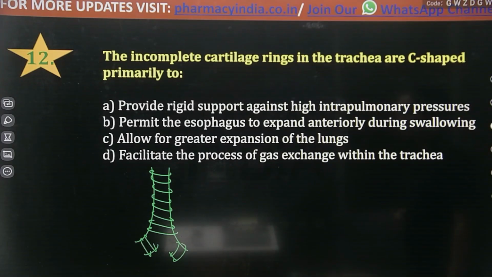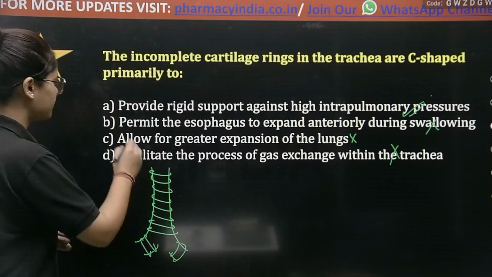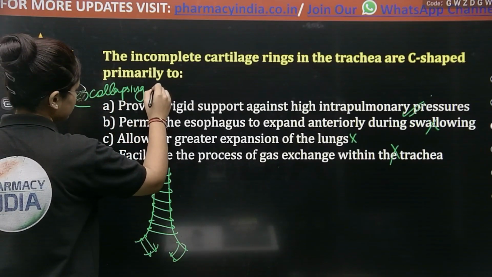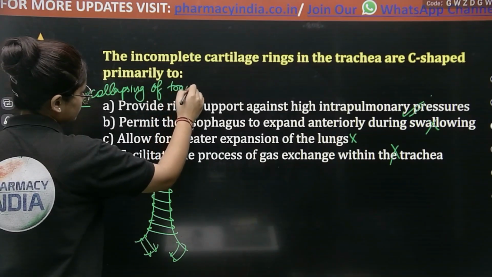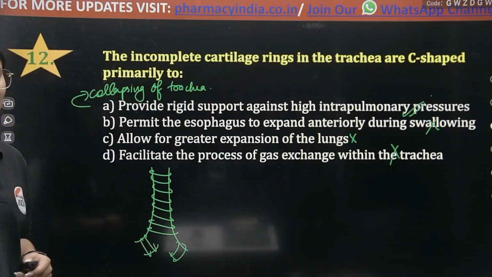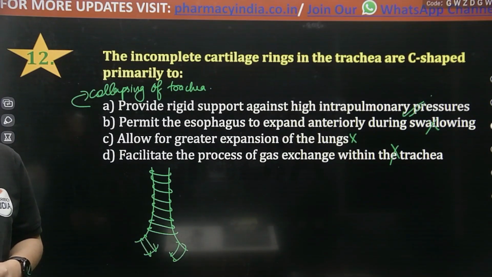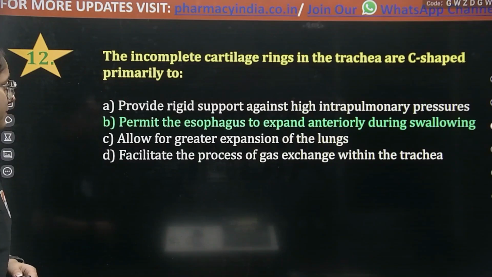Permit the esophagus to expand anteriorly? No, this is not correct. Allow for greater expansion of the lungs? No. Facilitate gas exchange within the trachea? Wrong. Option A is correct. Providing rigid support means preventing collapse of the trachea.